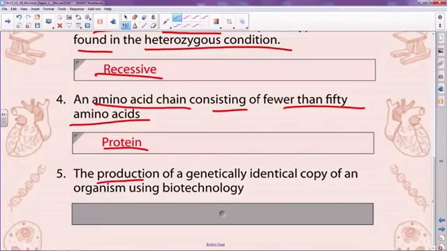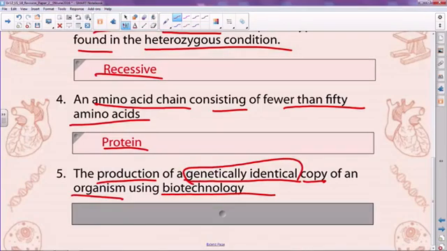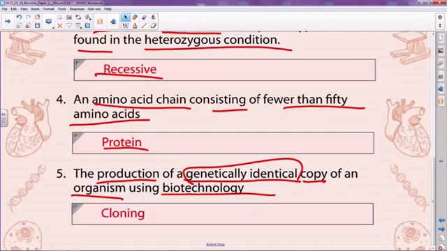Our next one is the production of a genetically identical copy of an organism using biotechnology. Oh, that's a big one. Here is where the famous example comes in: it's called Dolly the sheep. Dolly the sheep was a clone.